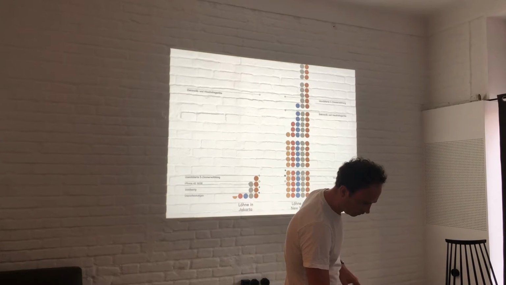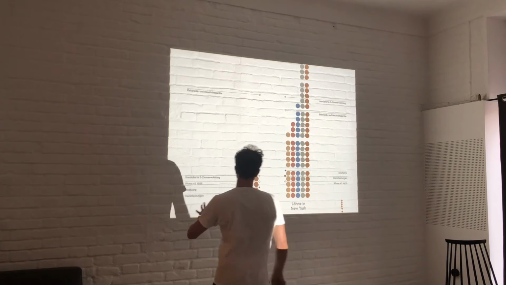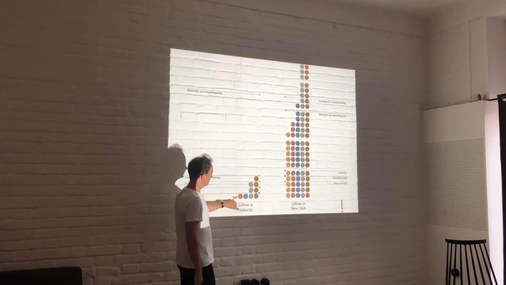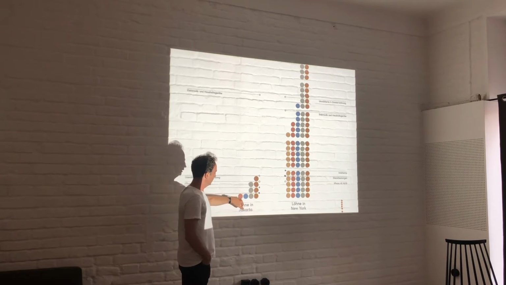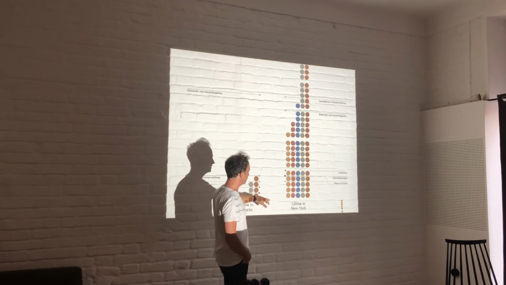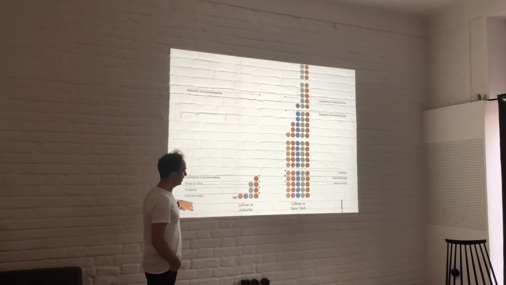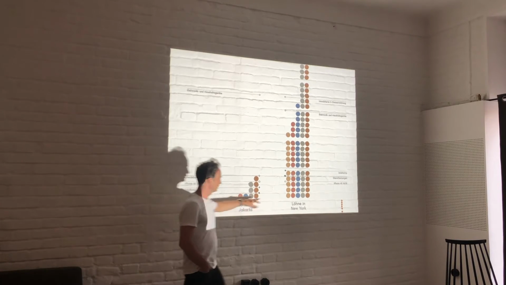We have shown here on the example of Jakarta and New York what the people earn. This is the worker, the teacher, auto mechanic, engineer, financial analyst. This is New York. And this is the local price, which is different than in New York.